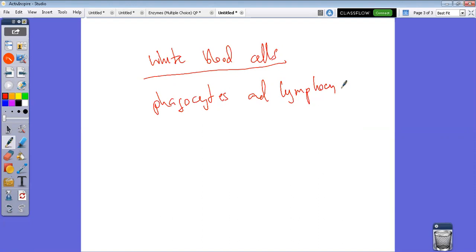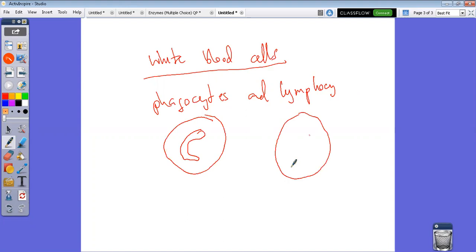So these are the two types. You need to know them in terms of shapes, to be able to identify them, that this looks like a phagocyte. I'm not good at diagrams, but I think it's something like this. Then the other one will be something like this.